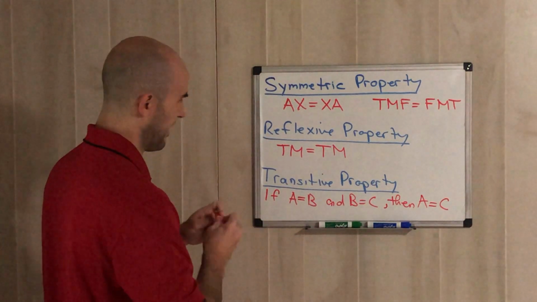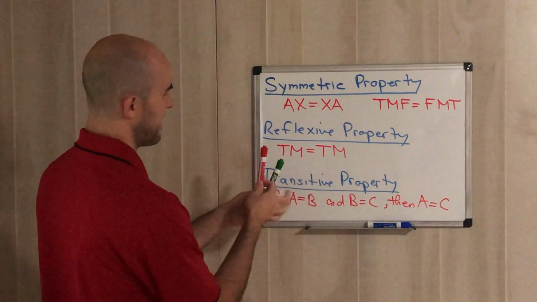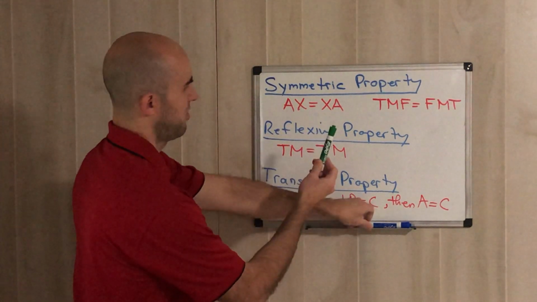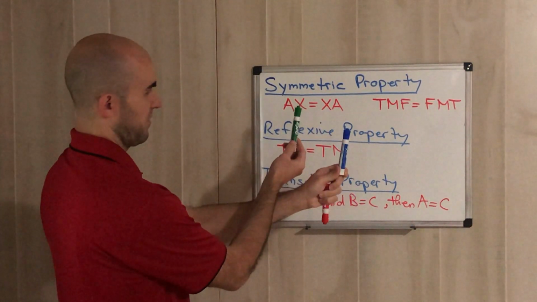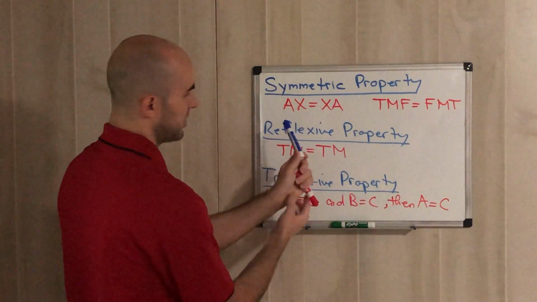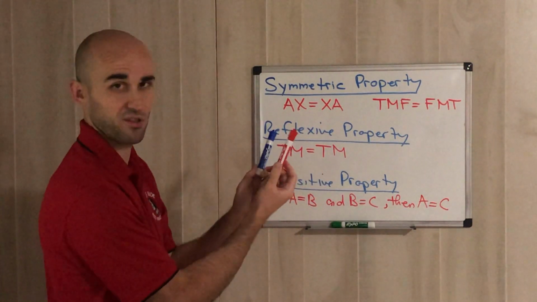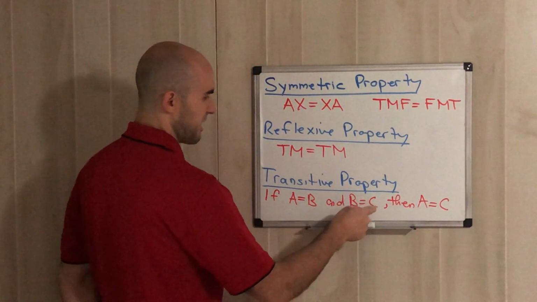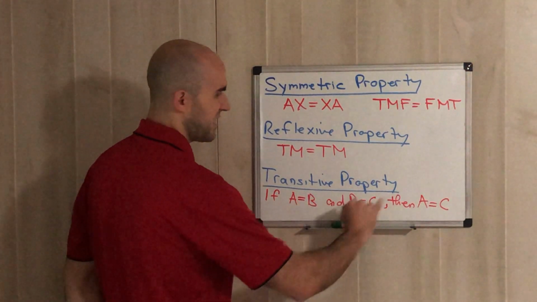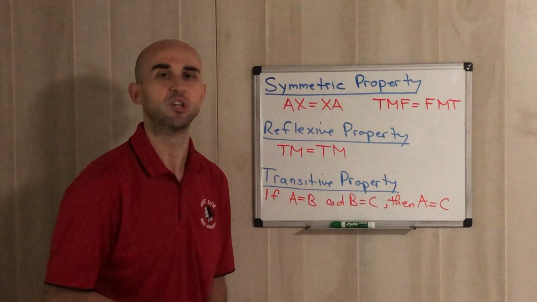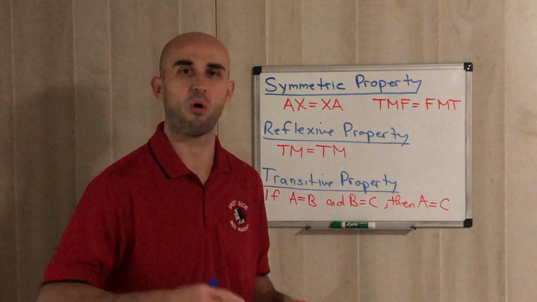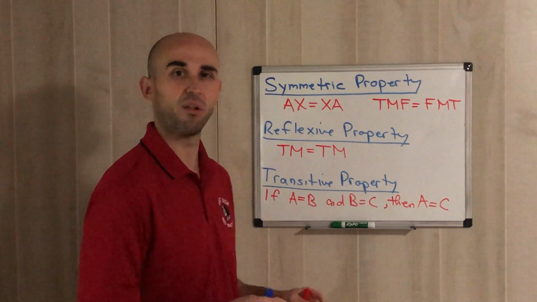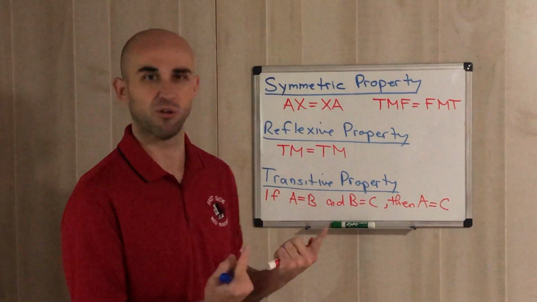It's saying if this is the same as this, and now these two are the same, if you get rid of what's in the middle, you know that they're all the same, so these two are also the same. That's all that means. If A is the same as B, and B is the same as C, then we know that A and C are the same because they're all the same. Transitive property basically means that all of the terms you're comparing are all the same, so the first one and the last one are also the same.